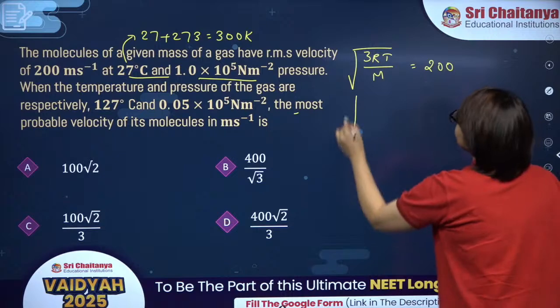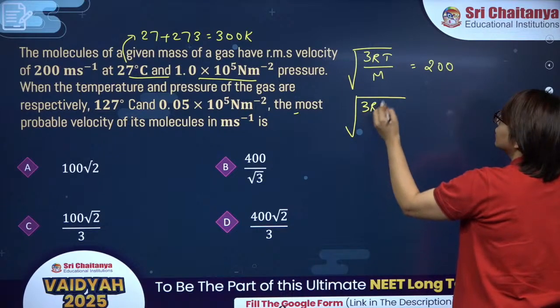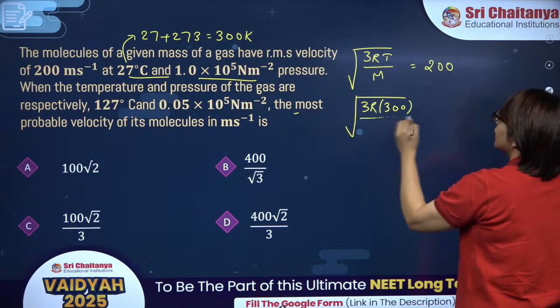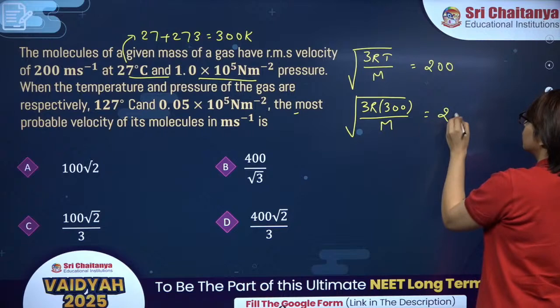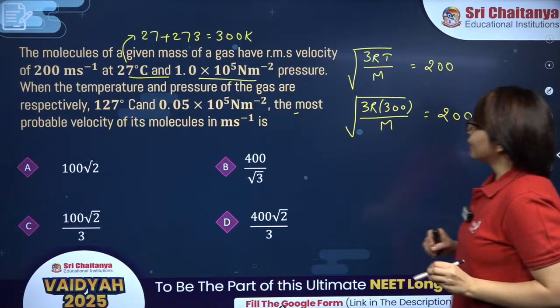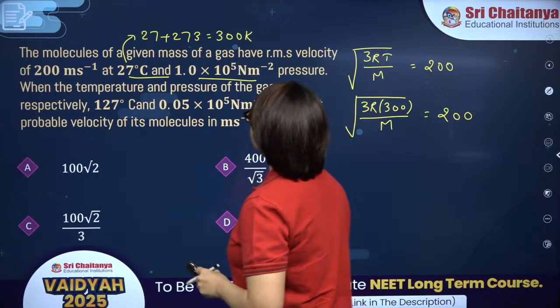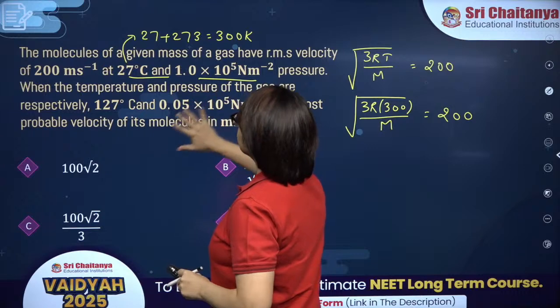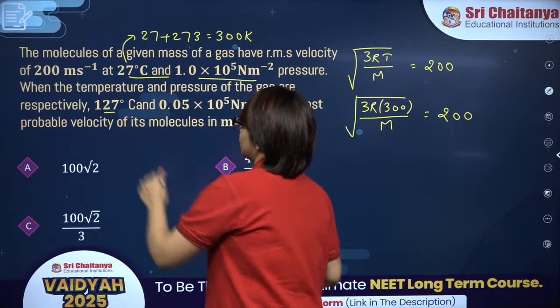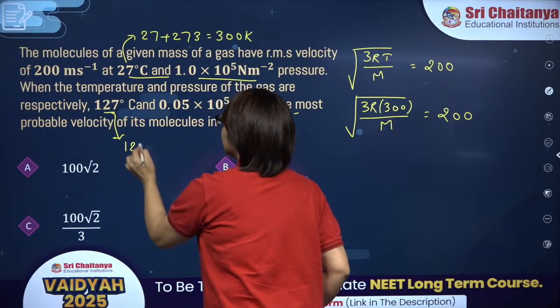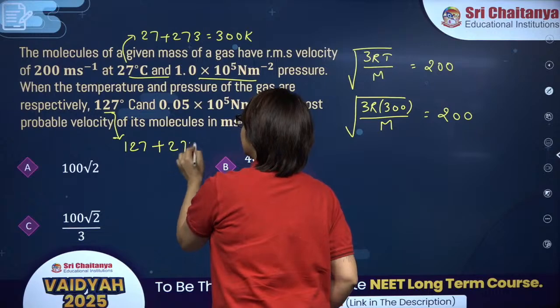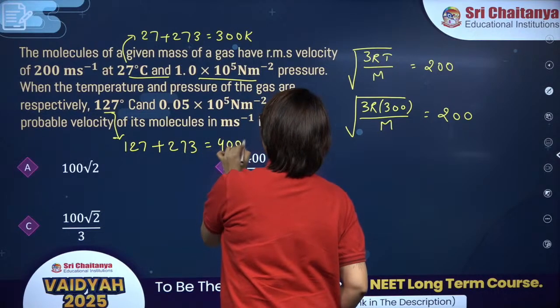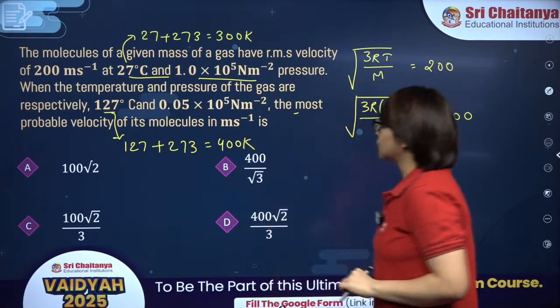So it will be under root of 3 R into 300 divided by M, and that is equal to 200. Now we have to calculate the most probable speed of the same gas molecule at a different temperature. So now the temperature is 127 plus 273, which is equal to 400 Kelvin. That is the new temperature.